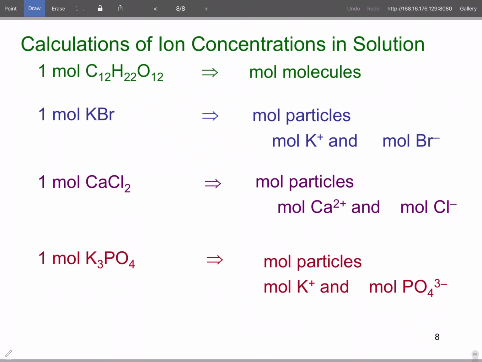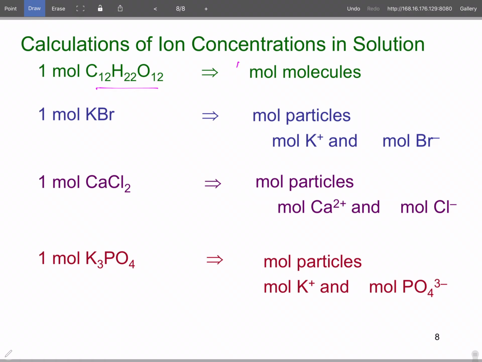Okay? So one more thing I want you to look at real quickly is that when we talk about ions in solution, we've got to talk about what the species are. So for example, this happens to be sucrose, not that you know that, but sucrose is a molecular compound because there are no metals. It's all nonmetals.